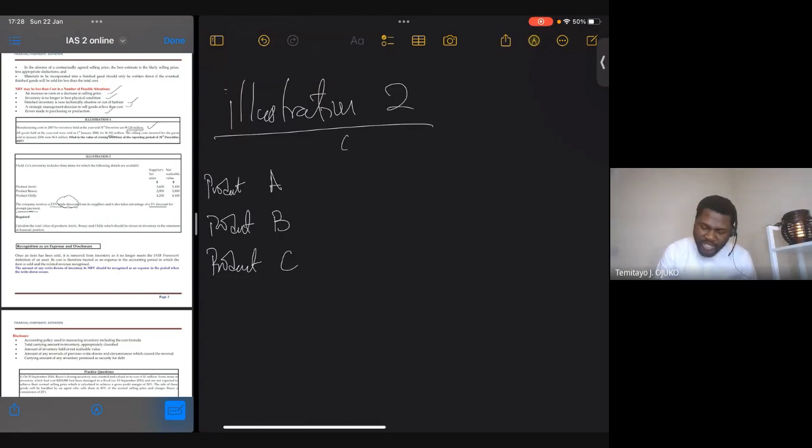Then I look at what is the value of my cost. My cost is less 2.5% discount, right?